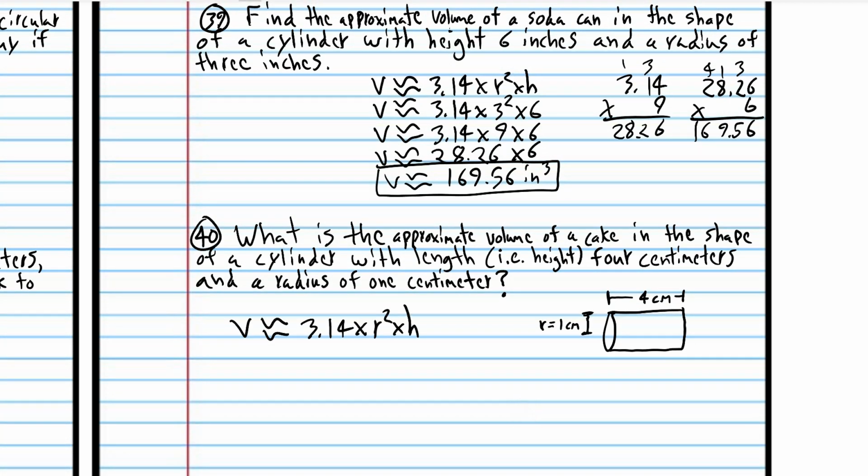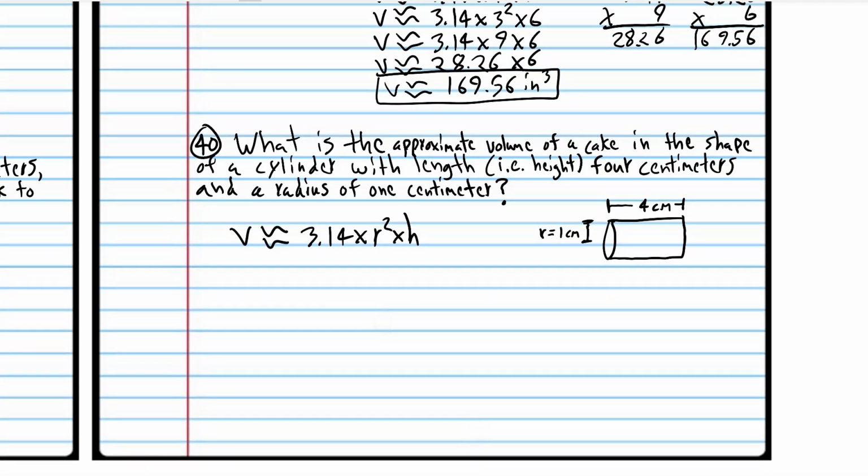So we're just using the same formula we used before. And the radius is 1. And the length, which is the height in this case, is 4.